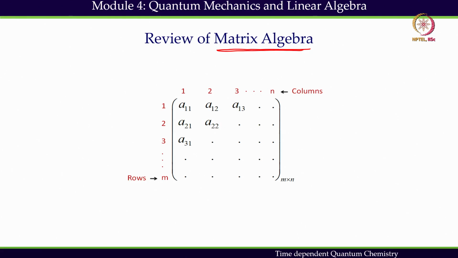Just to remind, these are the rows we have, and these are the columns we have, and a matrix can be of the order m by n. When we represent a matrix, certain rules are followed to carry out algebraic operations with matrices. So, what are the rules we have?